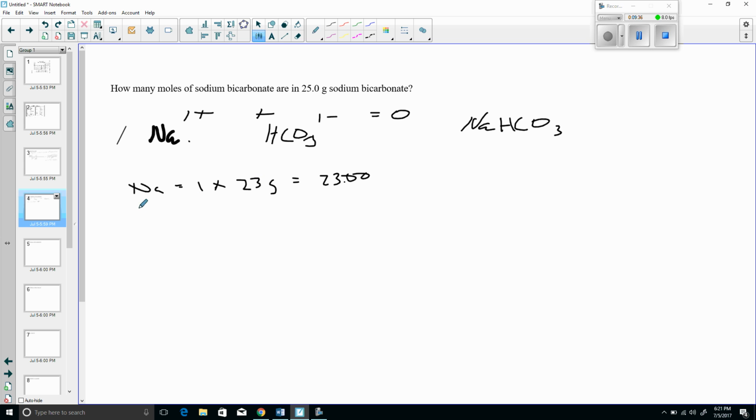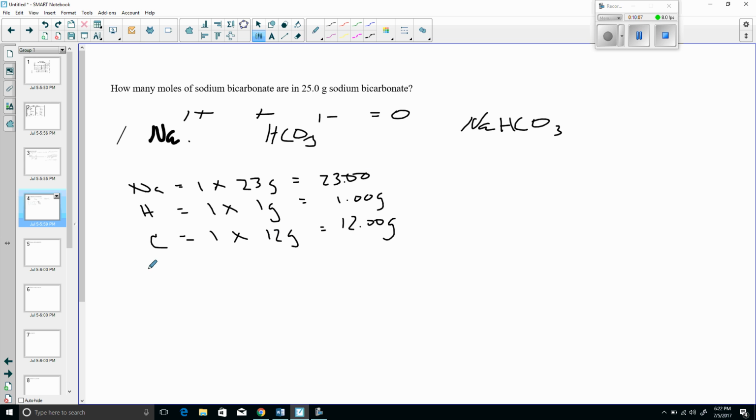And then we have hydrogen. First look at the formula, there's 1 hydrogen, so 1. Look at your periodic table, it is roughly 1 gram, so I'm going to put 1 gram. And then we have carbon. We have 1 carbon in the formula, and carbon has a molar mass of something really close to 12, so we're going to say it's 12.